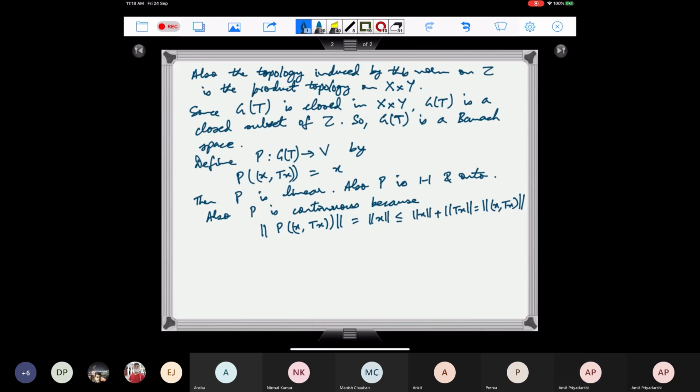That is, P inverse from V to G of T is continuous.